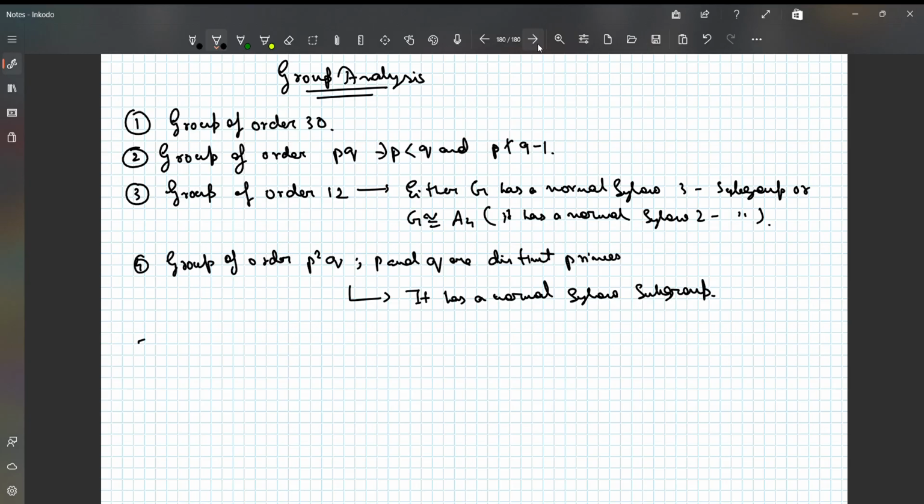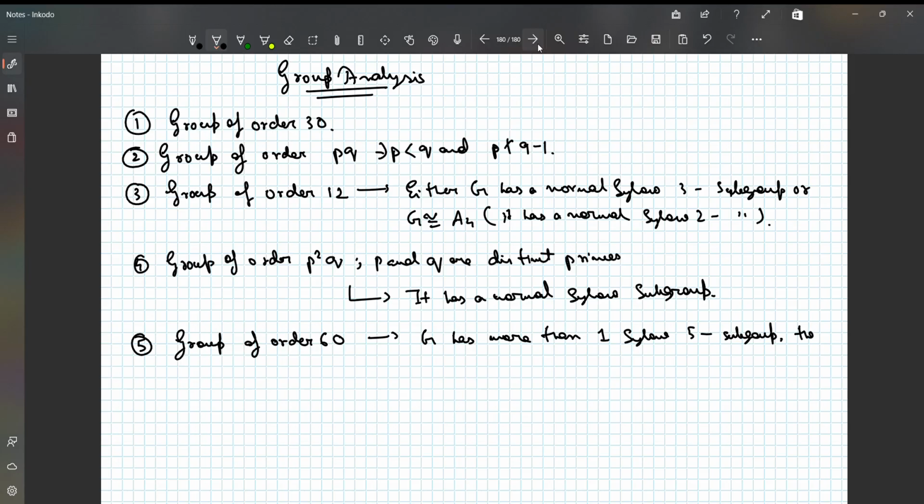Our fifth group analysis will be groups of order 60. A group of order 60, and in this case we show that if G has more than one Sylow 5 subgroup, then G is simple.